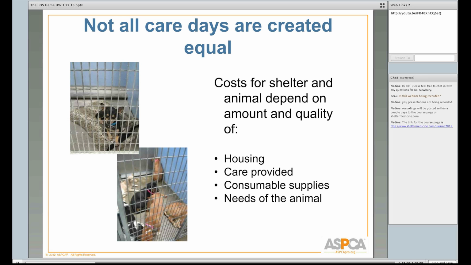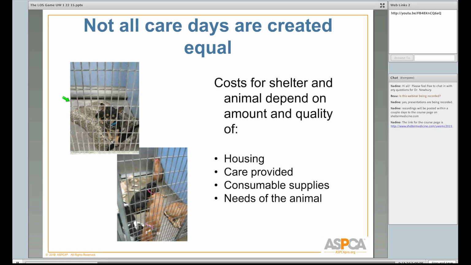We can see in this picture, you can guarantee that the experience the animals are having in this cage, which is from a really long time ago in a shelter that we work with in Las Vegas, is completely different from the experience of that little dog in the exact same shelter one year later, after this shelter had made dramatic improvements to their population management.